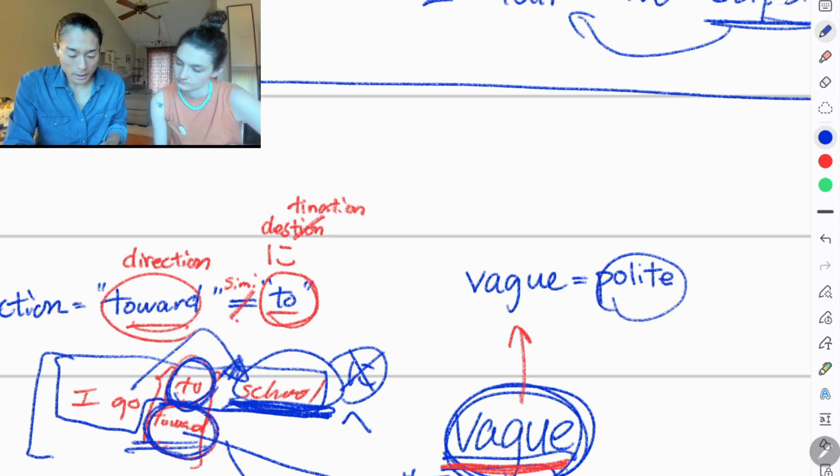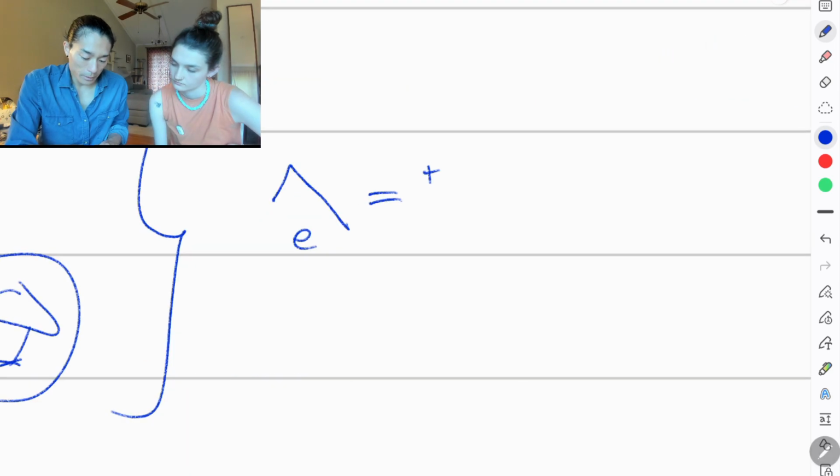We want to be as vague as possible. So with that culture, being vague, like I'm heading towards school, where you don't know if you're reaching school or not, is considered polite. The conclusion is the particle e is the polite version of the destination ni.